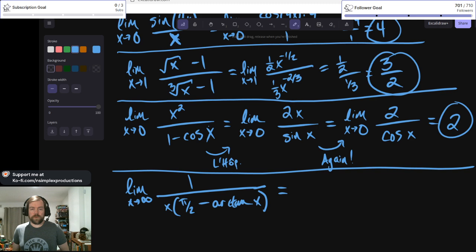Okay, if we look at infinity, then we have x is infinity, and arctan of infinity becomes pi over 2. So pi over 2 minus pi over 2 is 0. 0 times infinity in the denominator. So this is another indeterminate form.